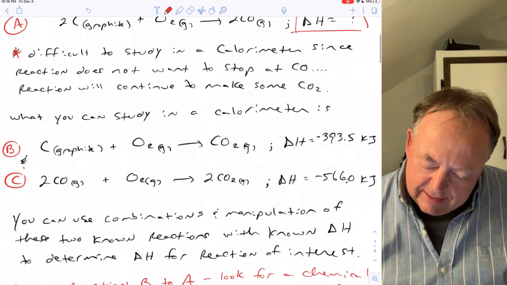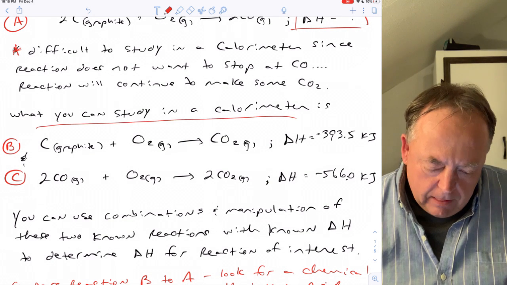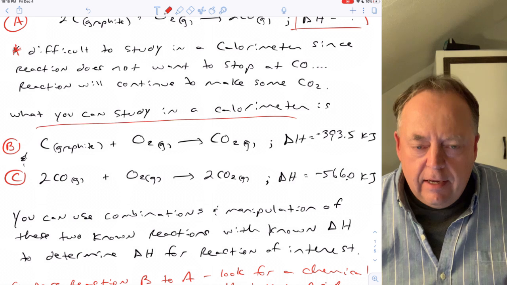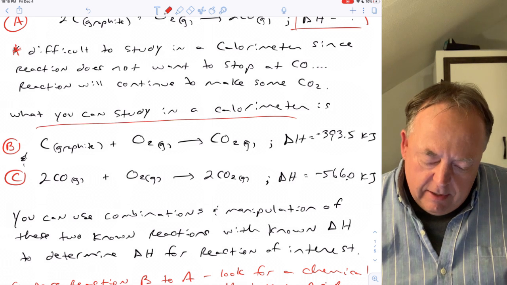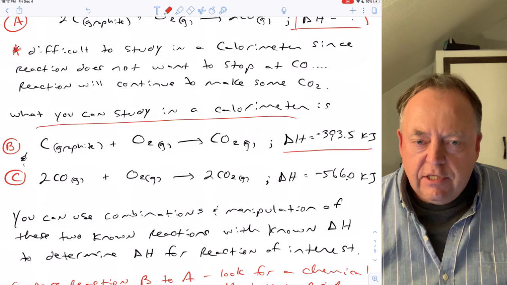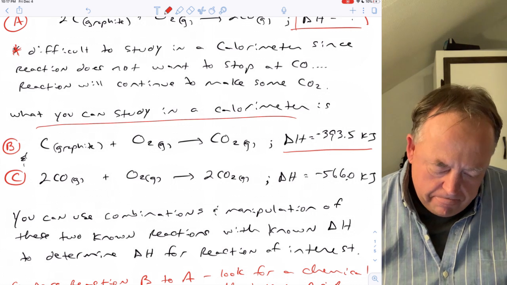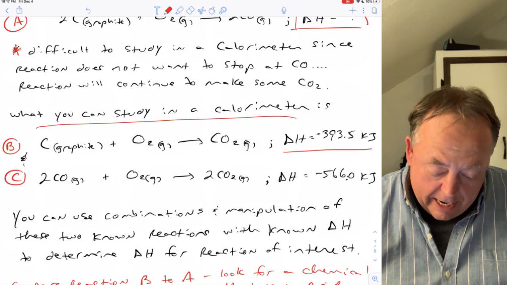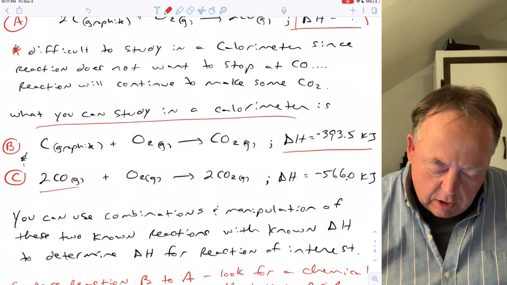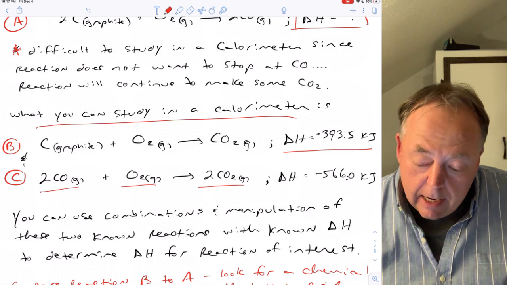What you can study, however, are the two reactions below, B and C. If you take a mole of graphite and a mole of O2 and combust them to make a mole of CO2, delta H for that reaction is known. It's negative 393.5 kilojoules. Reaction C is also known: if you take 2 moles of carbon monoxide and a mole of O2 gas, you can make 2 moles of carbon dioxide.